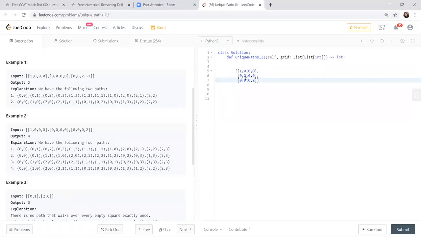In this case, you can go all the way to the right, then 1 down, all the way to the left, and then make a Z, and then the other one that you're telling, go all the way down, then right, all the way up, and then extreme right, then going down, then coming back, then going down, and then reaching over here.